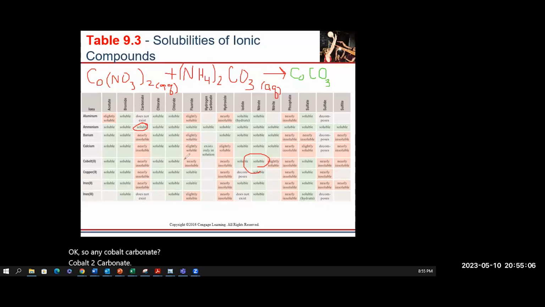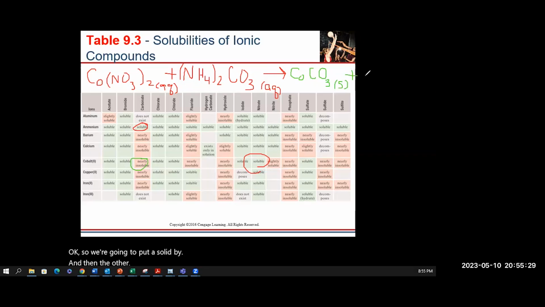Now we go down to cobalt 2 carbonate, and that's nearly insoluble, which basically means it's going to form a precipitant. So we're going to put a solid by it.